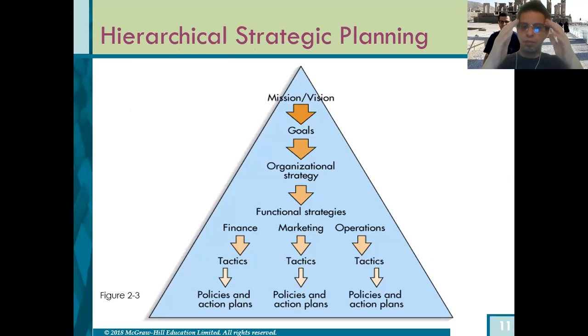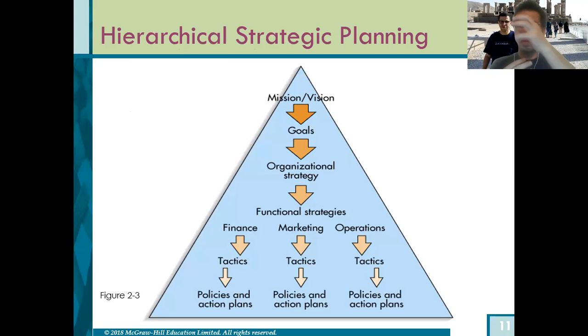So in the hierarchical strategic planning, first you have the mission and vision, and then there are the goals. The goals go to the organizational strategy, which you build, and the organizational strategy is what you call the functional strategy, which, as we said, is divided into three: operation, marketing, and finance.